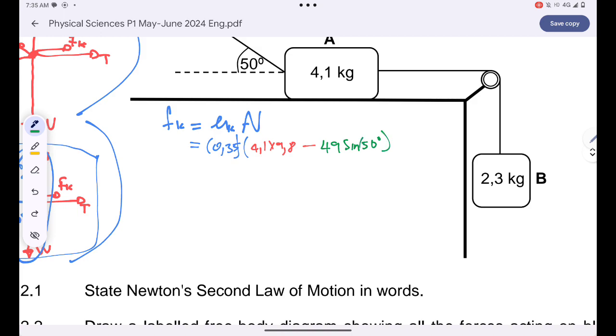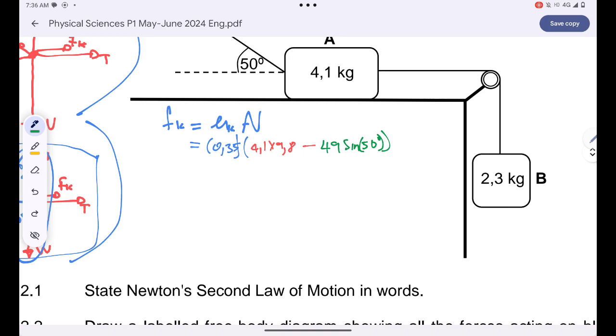All right, together. Please use the brackets correctly, guys, whenever you punch your calculator. That's 0.35 and then 4.1 multiplied by 9.8 minus 49 sine 50, close bracket and close another bracket as well.